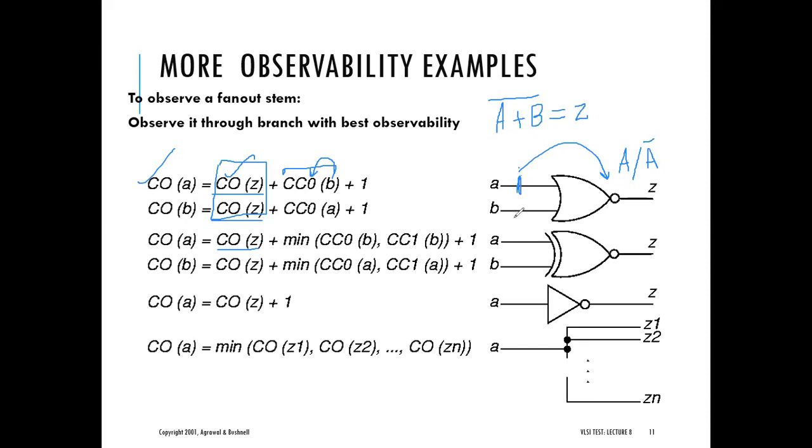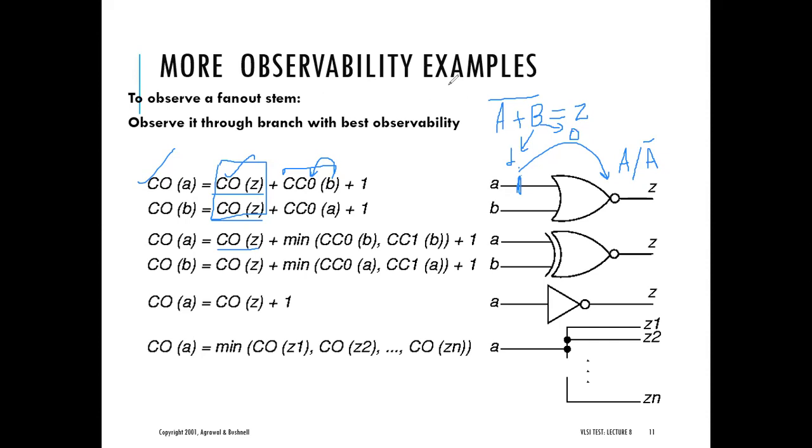If you want to propagate something in this particular branch input, what should you keep input b as? You have two choices: you can keep b as 1 or b as 0.